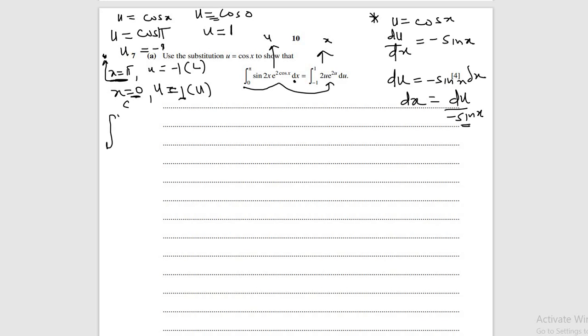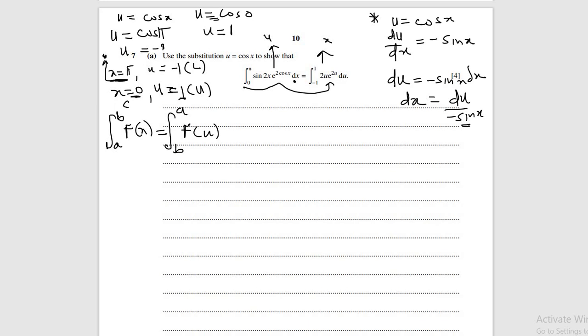If b is higher here and a is lower for a function of x, you can see by the time we do our substitution, the upper limit here is now the lower limit for the other function, that's the function of u. And the lower limit here is now the upper limit for the function of u.